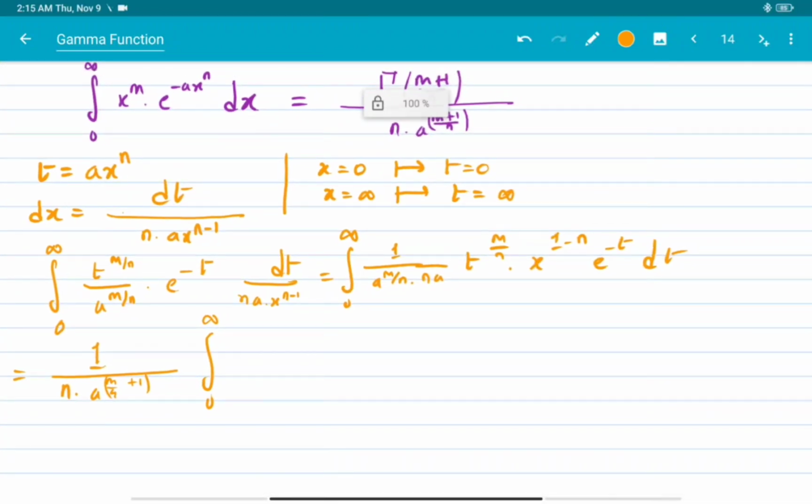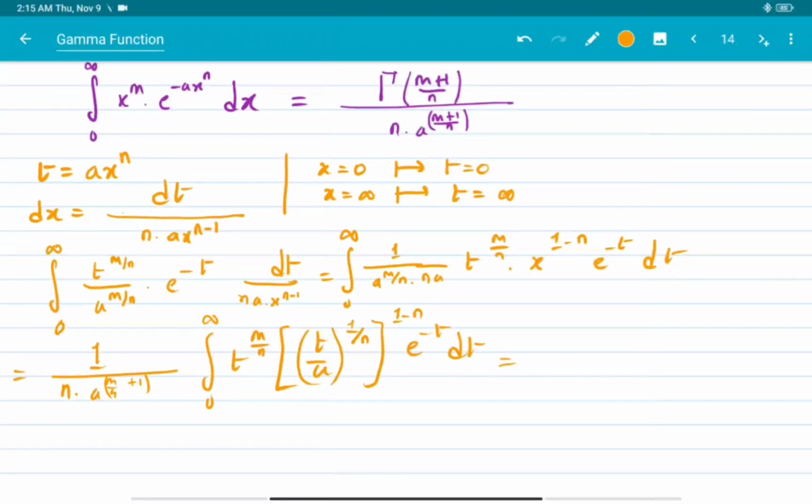So 0 to infinity, t to the power m over n, and t over a to the power 1 over n, and this whole thing will be 1 minus n, and e to the power minus t dt. Great.